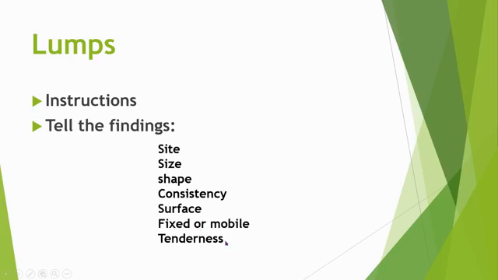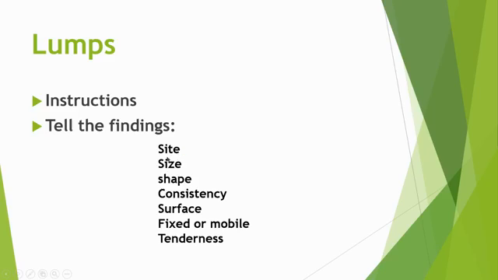Then tenderness means there is inflammation. There may be a lump in the appendix due to appendicitis. It becomes tender, and it indicates there is inflammation. The cause may be infection, and the site is very important.